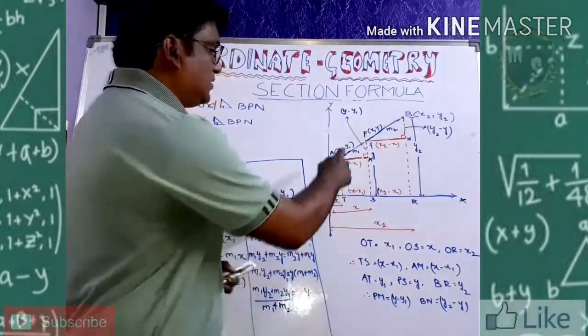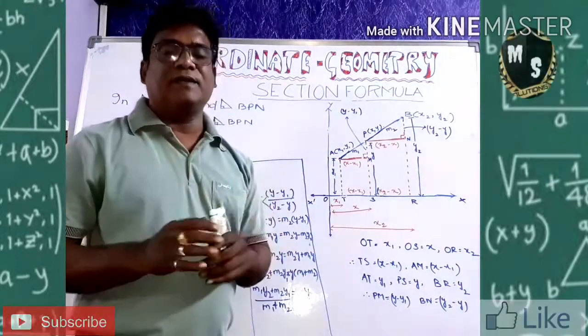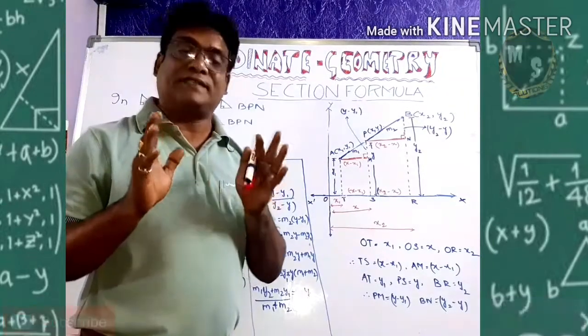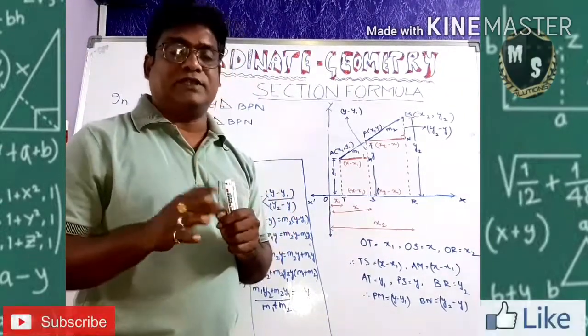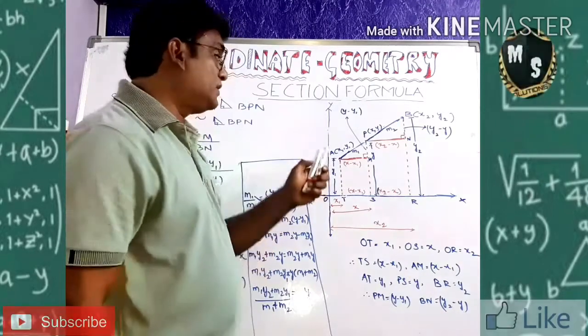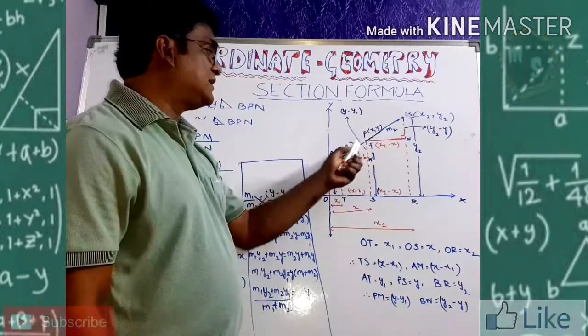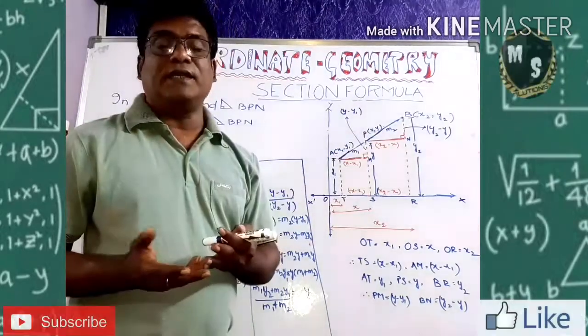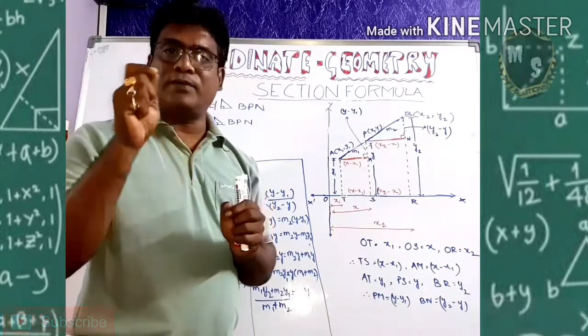What are you observing? These two triangles are similar. Why similar? Their shapes are same. They may not be exact in size; exact in size are congruent. But right now they are similar. And if two triangles are similar, definitely their sides will be in same ratio. That formula you have to adopt.